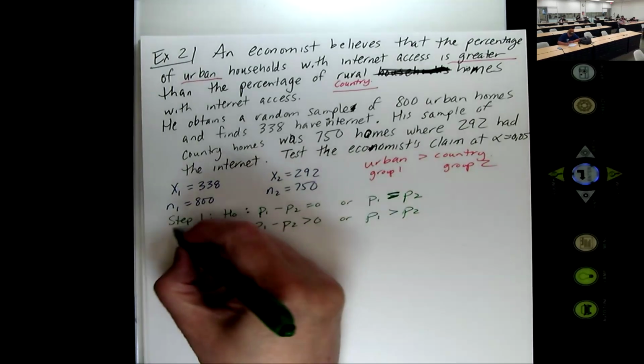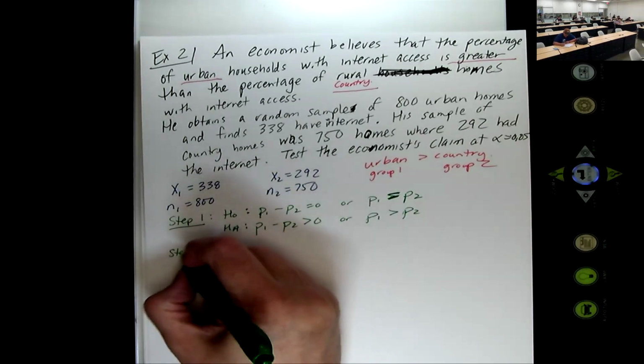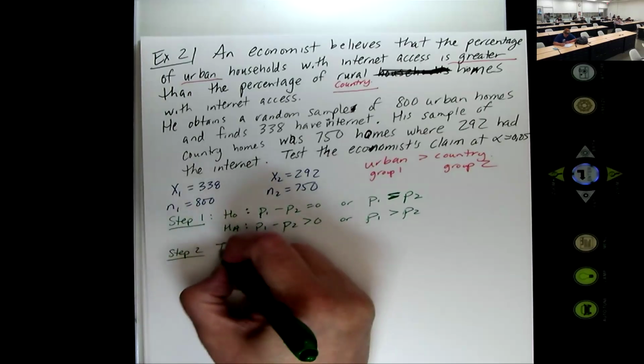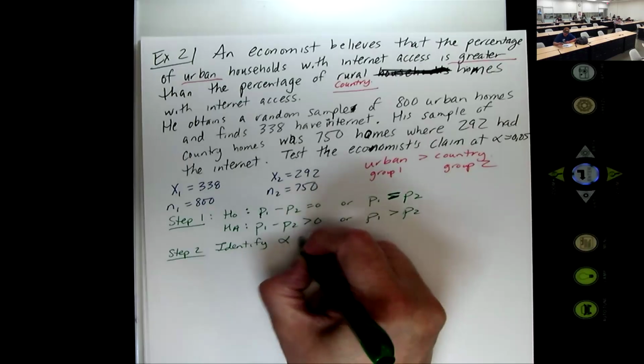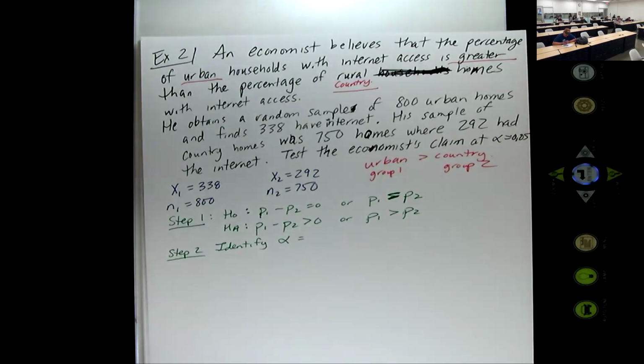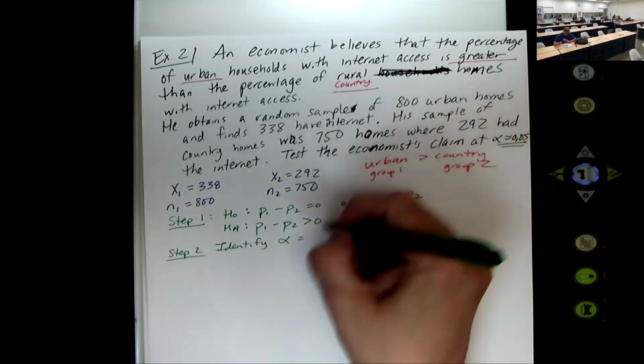Step 2, identify alpha. Alpha was given to us at 0.05.